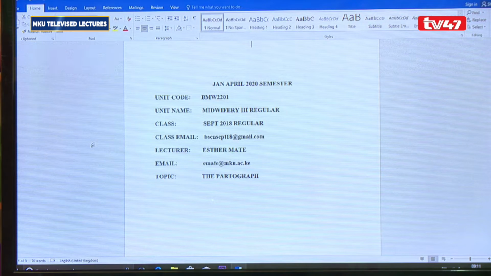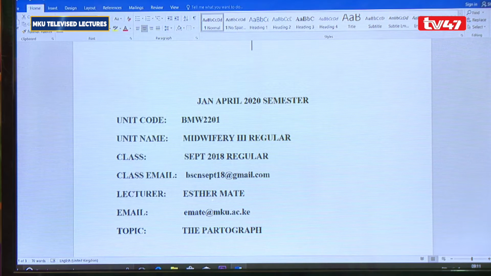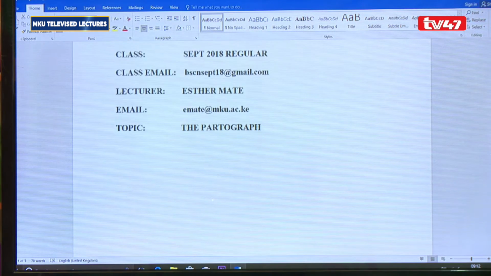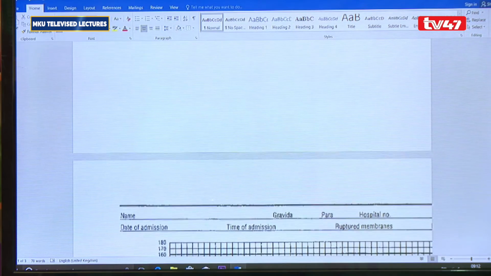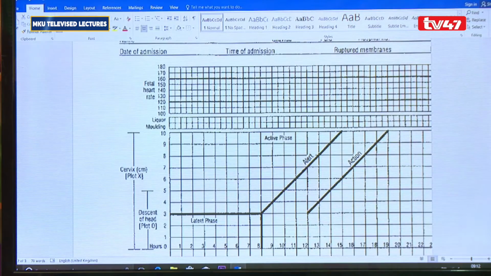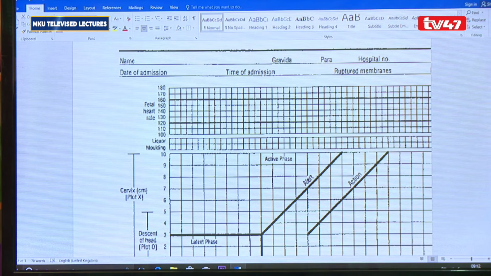When we look at the pathograph, it has the upper component.